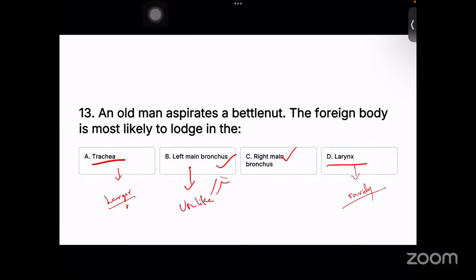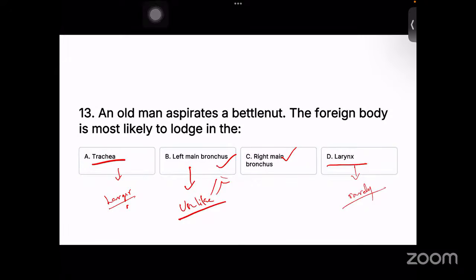So the most common position where the betel nut could be found here is the right main bronchus. Since it is the right main bronchus, you should use bronchoscopy for the removal. You can check it on the X-ray, with the right middle lobe or right lower lobe being the most common specific location.